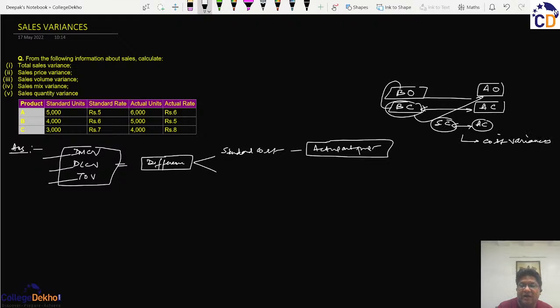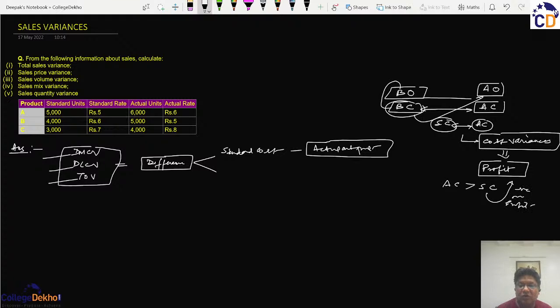Secondly, we had to study the impact of such variances on profitability. If the actual cost was more than the standard cost, it had a negative effect on profit.